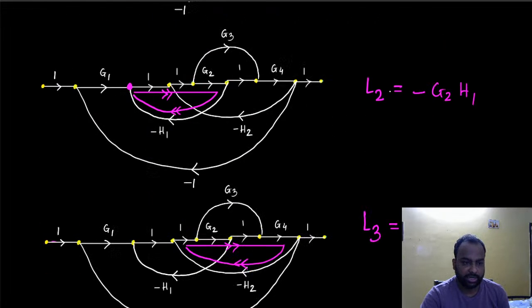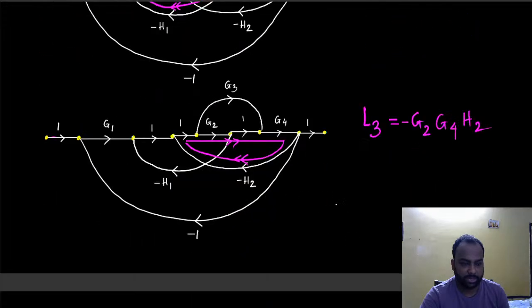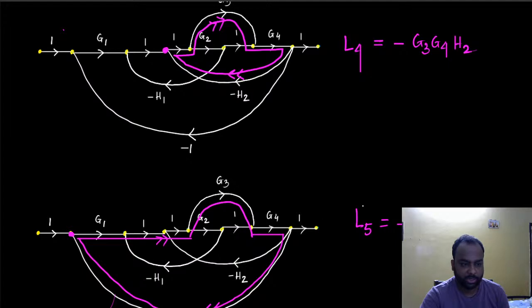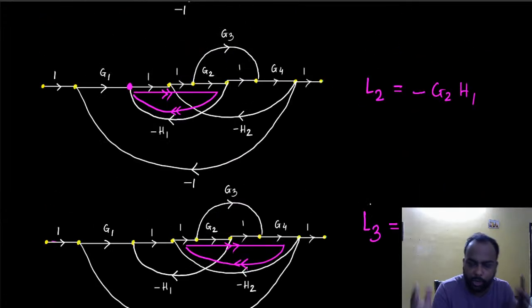Yes, they do share. L1, L3, do they share a common branch? They do. L2, L3? They do. L3, L4? They do. L5, L4? They do. You can, of course, figure this out intuitively in your mind. So my point is, we now have to figure out two loops that do not share any common branch.